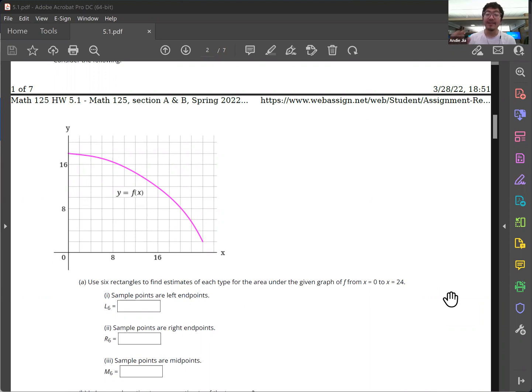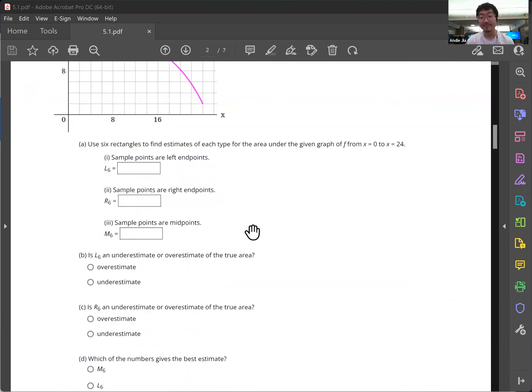If we denote the function from x equals 0 to x equals 24, a is just the starting point of the interval, and b is the end point of the interval. So for this question, a will be 0, b will be 24.